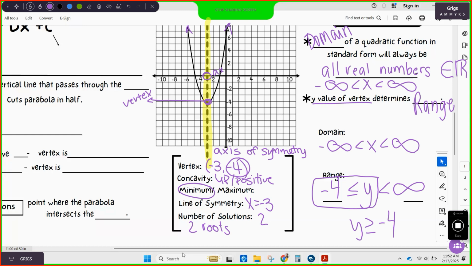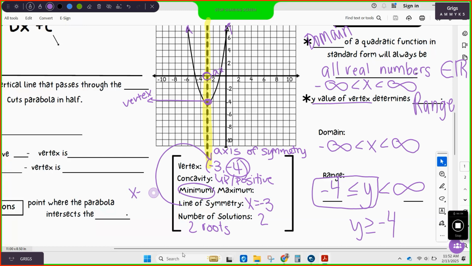One more thing to talk about. Looking at these things, what else do you notice? There was one other notation I skipped over that we need to talk about. The line of symmetry and the x value of my vertex are the same. That's a true statement. Your line of symmetry will always be the x value of your vertex.